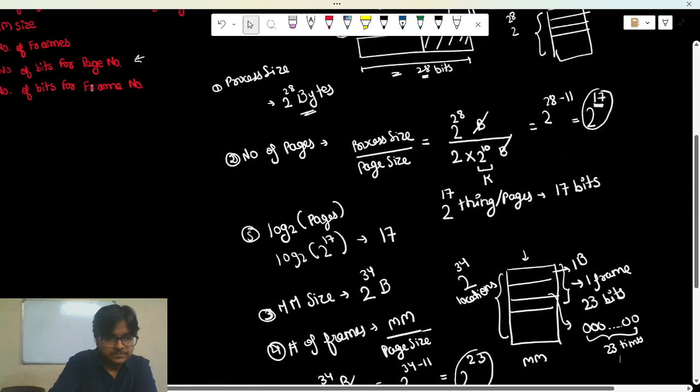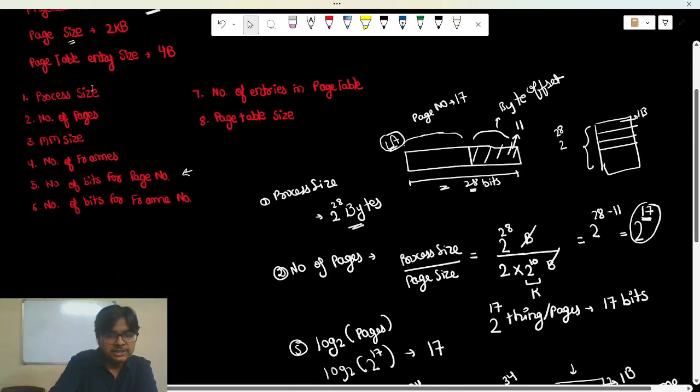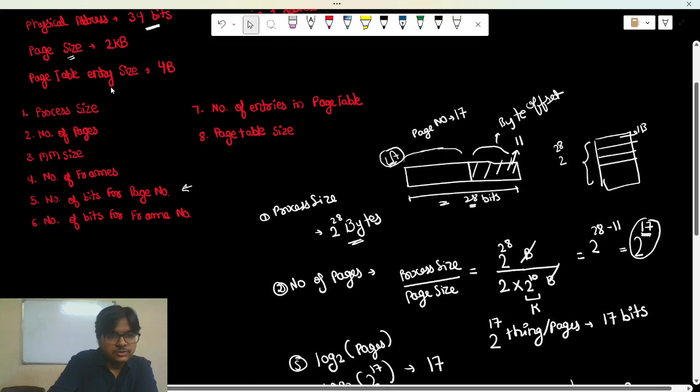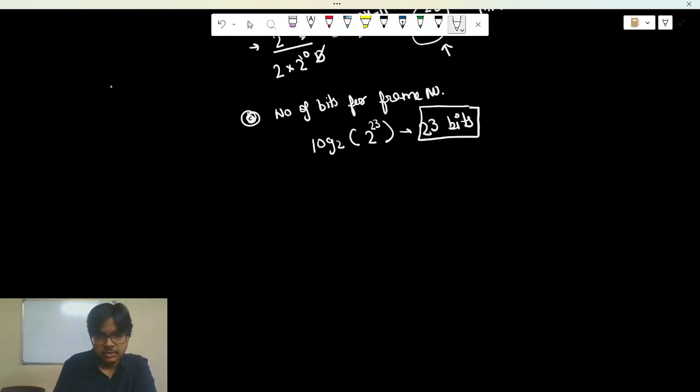And then the seventh part, number of entries in page table and page table size. First of all let's see your page table. How many entries will your page table have?